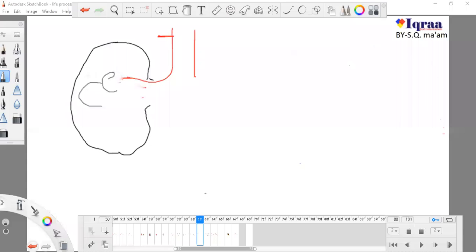Just losing my internet. So this is Bowman's capsule and this is the glomerulus. The glomerulus takes all of the blood.